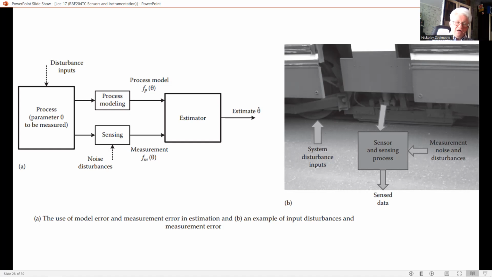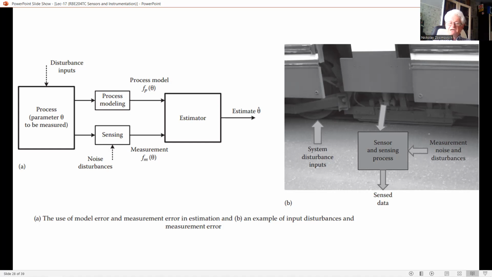In other words, the current estimate and the new data are used to compute a new estimate at each sensing step. This is a recursive approach. For example, the Kalman filter is a recursive approach for parameter estimation, and it explicitly addresses both model error and measurement error to arrive at an estimate that is optimal, one that minimizes the square error.